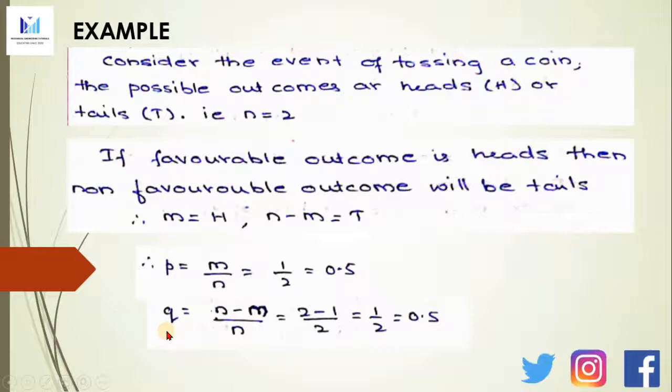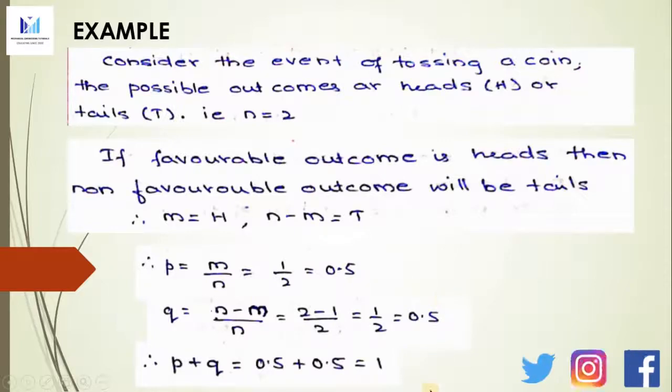With this we can say the probability of not getting heads, or the probability of getting tails, is also 0.5. Now if you see here, when we add this p and q, it will be 1. So the probability will not be more than 1. I hope you have understood the concept of probability with this example.